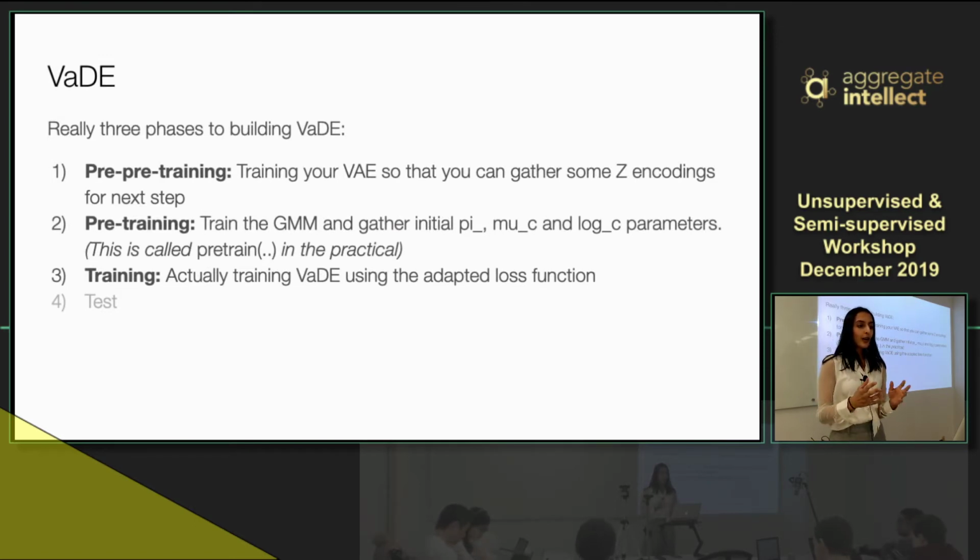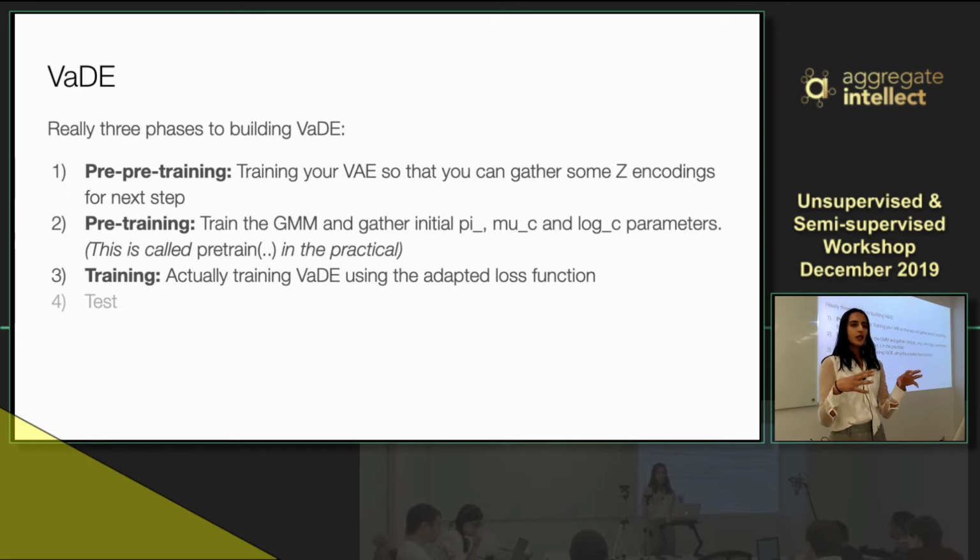So one thing I wanted to mention just generally about the entire architecture is that there's actually 3 phases to the learning phase in VaDE. I've laid them out here. One is what I called the pre-training phase. So that's training your variational autoencoder so that the weights are all set so that it does something intelligent. And from there, you gather some Z encodings from your training set.